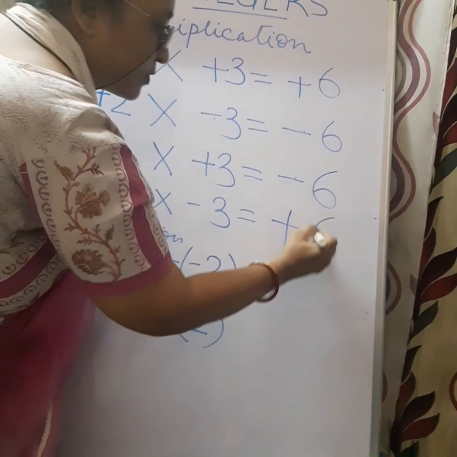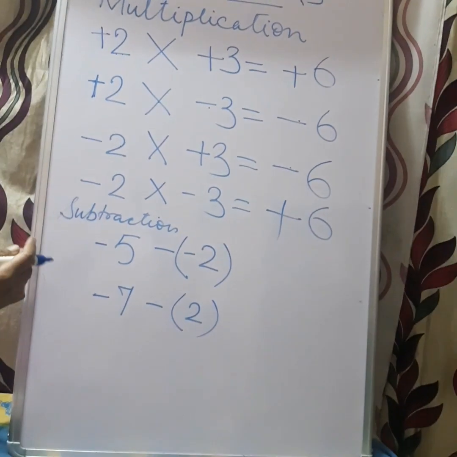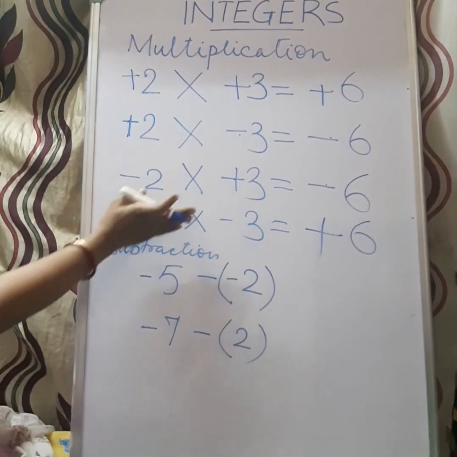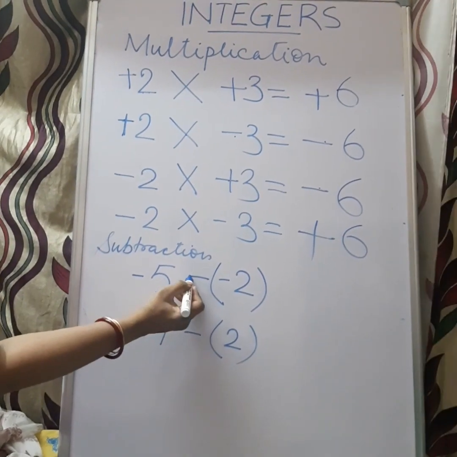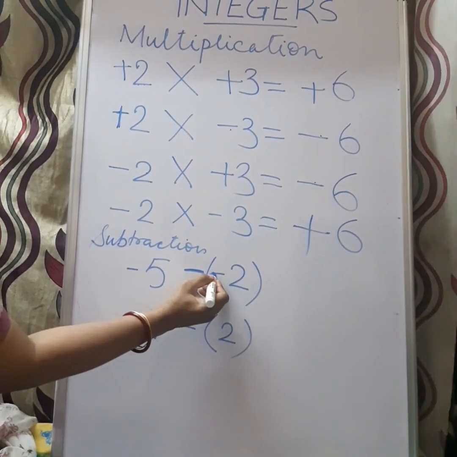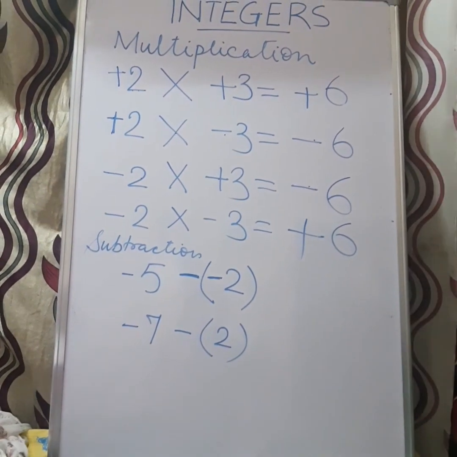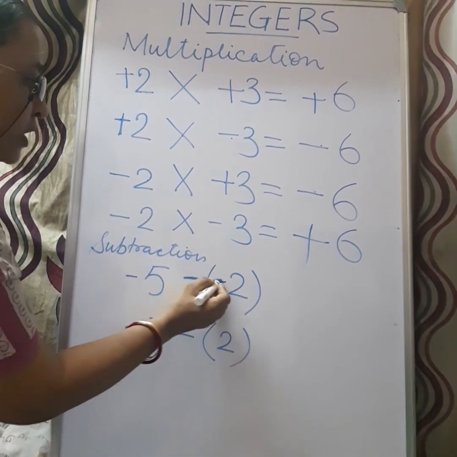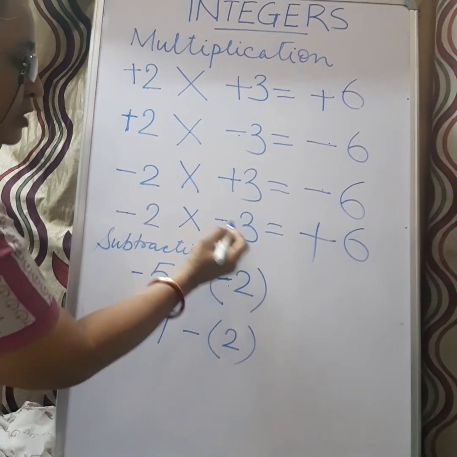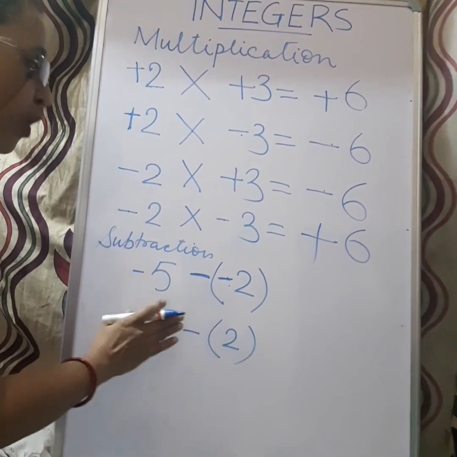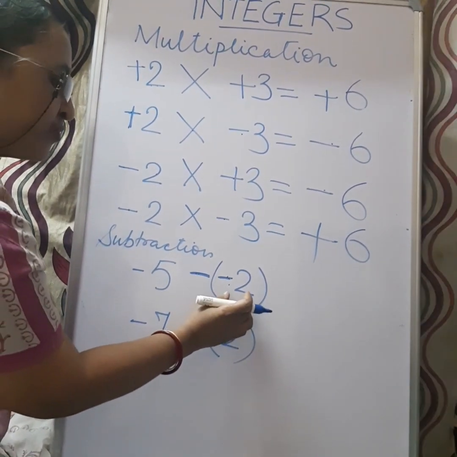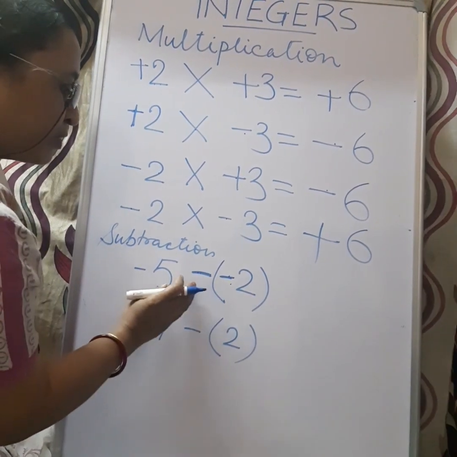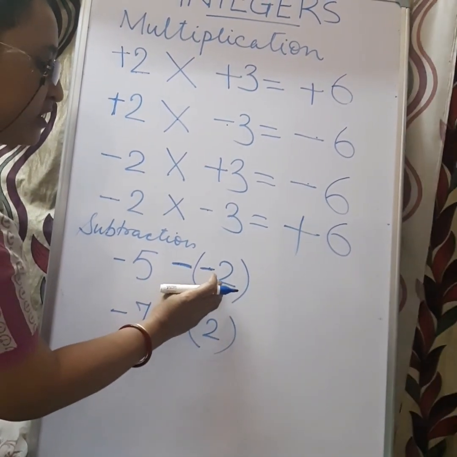2 3s are 6. Now for subtraction we use this only. See, when a negative is outside the bracket and a negative is inside the bracket, we just multiply these two negatives. So negative into negative becomes positive. Or we always say this, that when we are subtracting, we use the additive inverse.